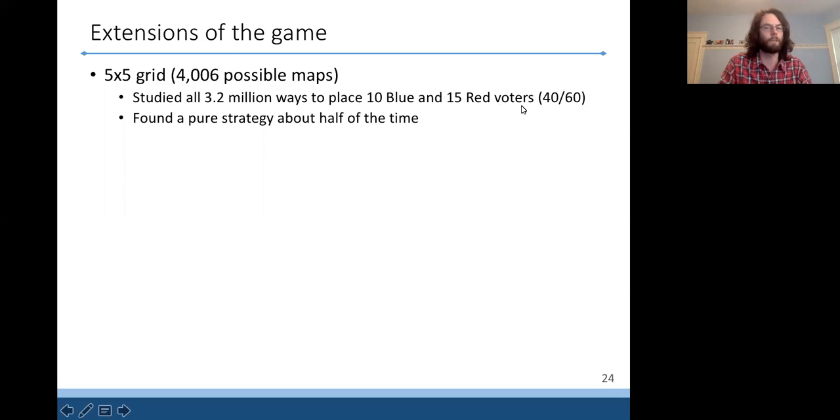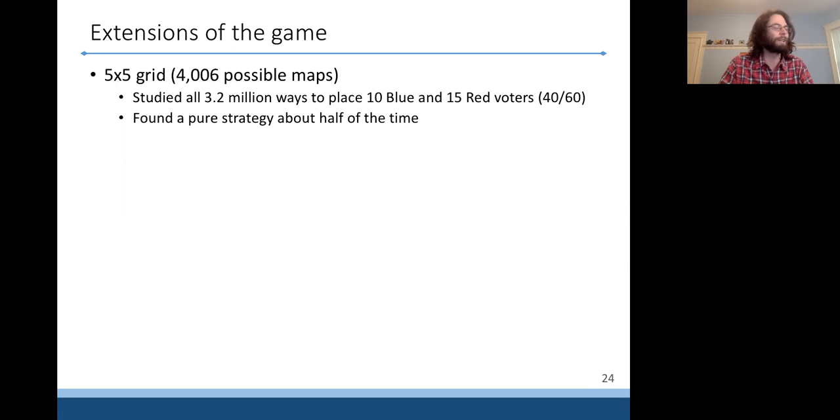And we were able to study all 3.2 million ways to place 10 blue voters and 15 red voters. So this 40-60 split. We looked at all possible ways to arrange voters with this breakdown in a 5x5 grid, and all possible maps that you could use with those voters. And for all of these 3.2 million possible ways, we found a pure strategy about half the time using this heuristic. The reason it was only half the time was because half the time, a map that gave all 5 seats to the red voters turned out to be not an outlier.